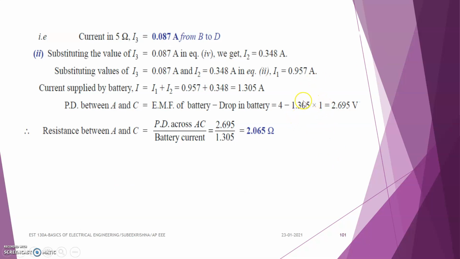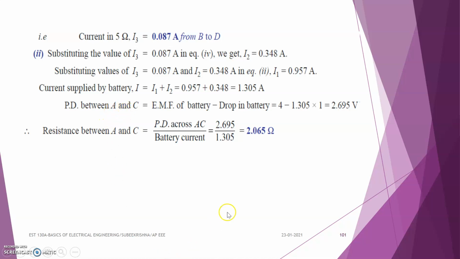Here the current flowing through the 1 ohm resistor is 1.305 and the resistance value is 1. So the voltage drop across the 1 ohm resistor is 1 into 1.305. So the EMF of battery is 4, minus this voltage drop, we get 2.695 volt. So this is the potential difference which occurs between A and C.